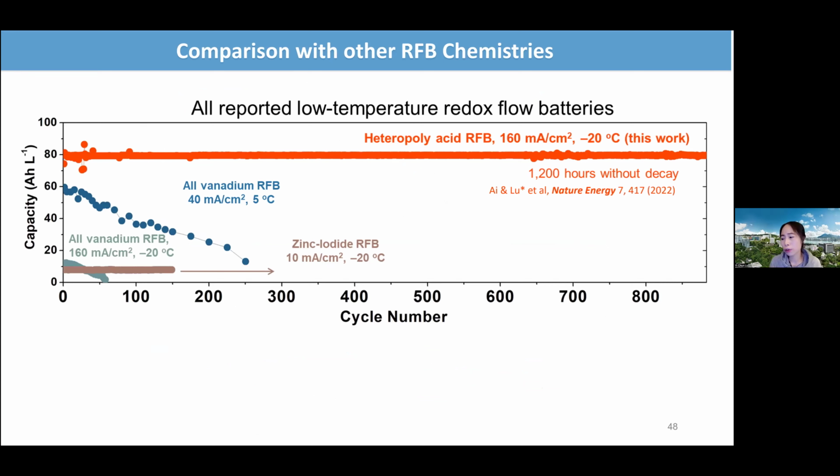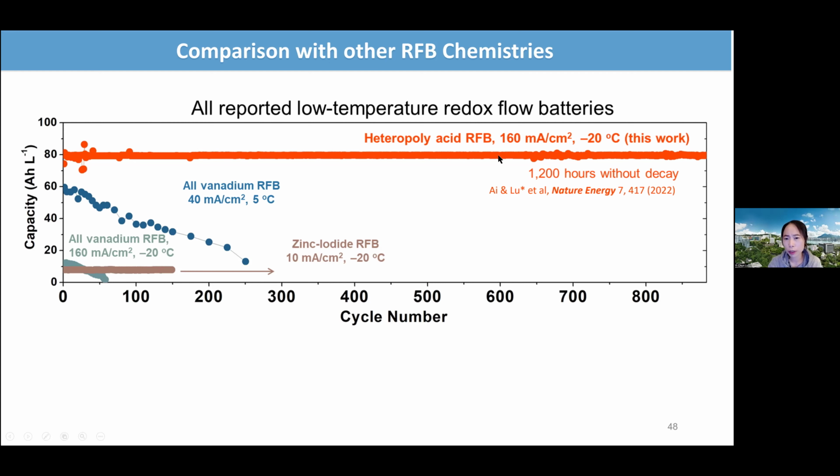And so to put them into context, right? Low temperature operation for flow battery is very challenging, as can be evidenced from, say, if you use all vanadium, V2, V3, V4, V5, even at 5 degrees Celsius, 40 milliamp, you can already see huge decay, not to mention at negative 20 degrees Celsius, 160 milliamp.